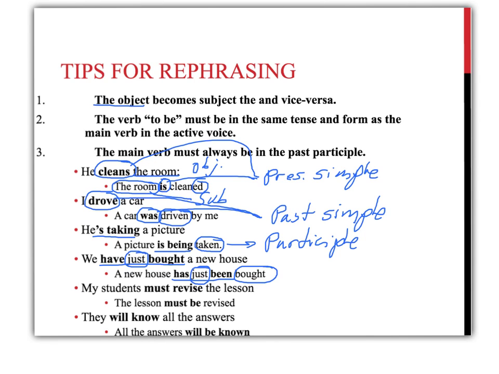Now, the next sentences, the two last sentences, have modal verbs. And that means that the modal verb needs to be used too. Of course, with the verb to be. And finally, with the participle.